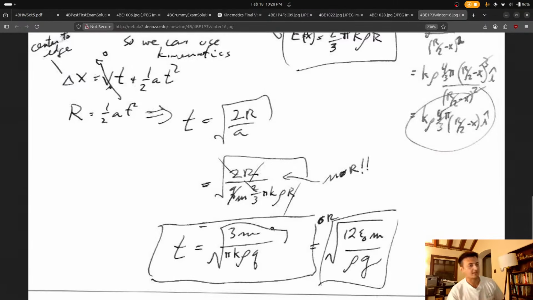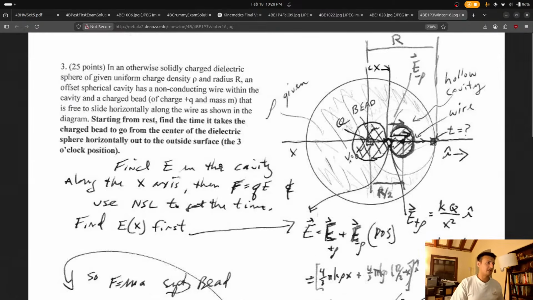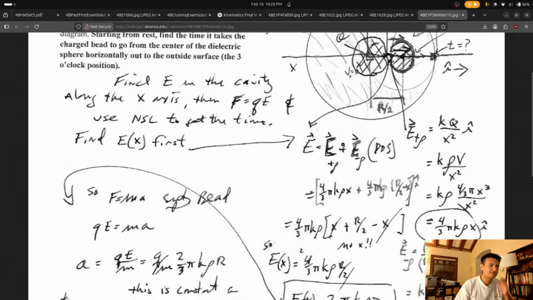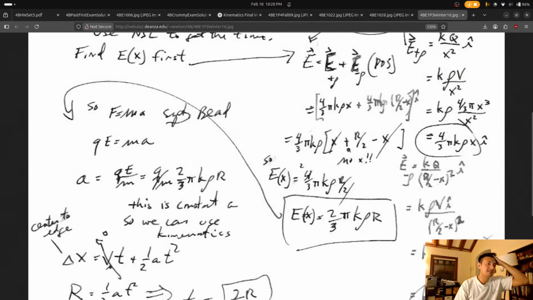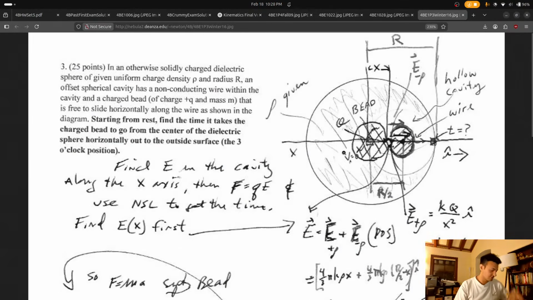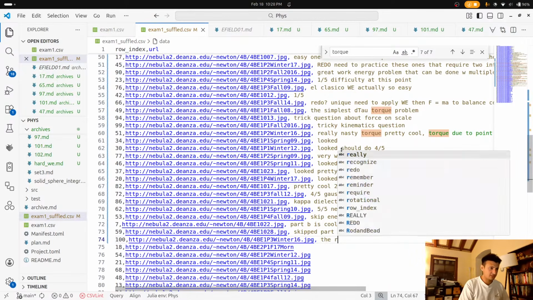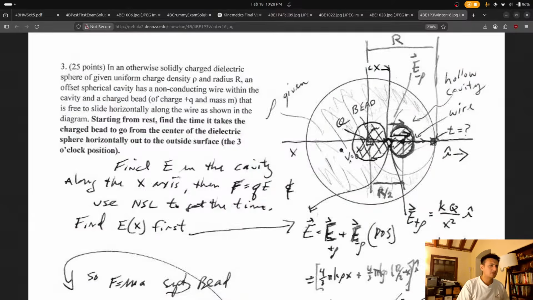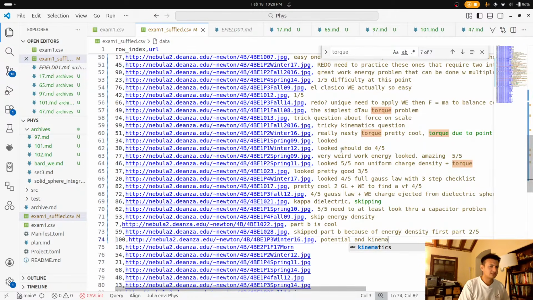Good. Okay. That's not so bad. But how did he find the potential difference? Oh, he didn't. Okay, so the trick, okay, this is potential and kinematics.